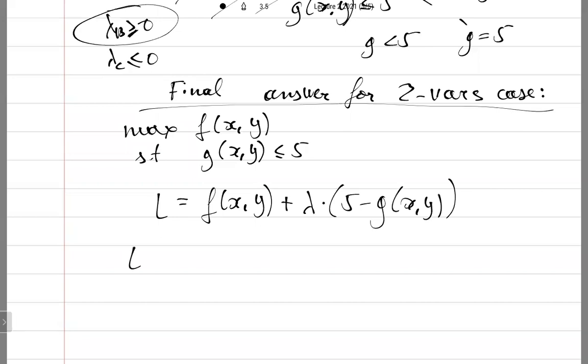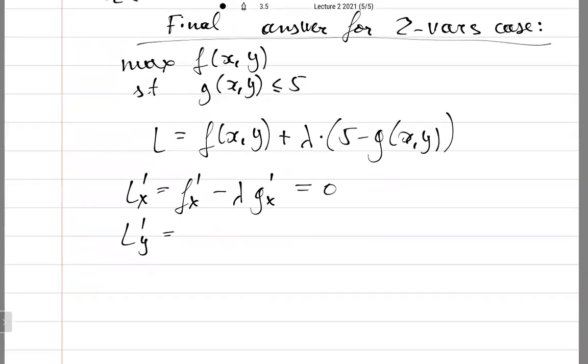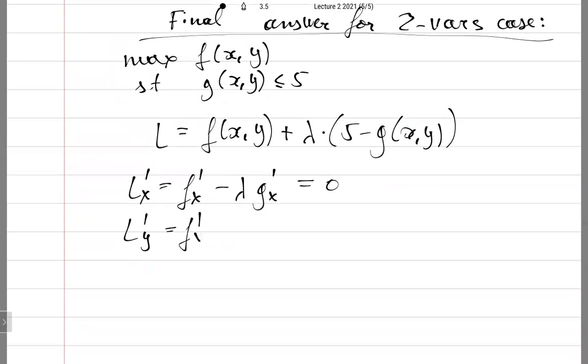We write L prime with respect to x, that will be f prime x minus lambda g prime x, and it should be 0. L prime with respect to y, f prime y minus lambda g prime y should be 0. What else?